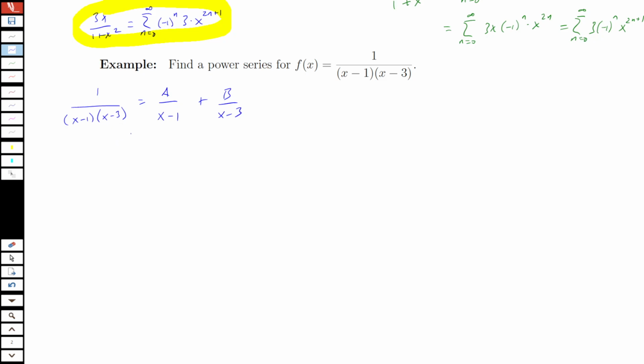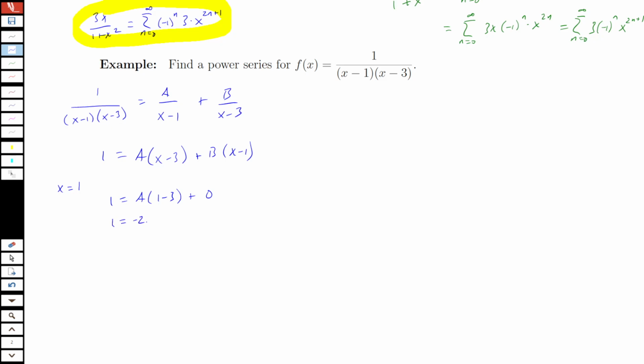Let me solve this partial fractions. So multiplying through by the denominator, I would get 1 equals a times x minus 3 plus b times x minus 1. And I'm going to use strategic substitution. When x is equal to 1, on the left I have 1, on the right I have 1 minus 3, and over here by the b I'll have a 0.